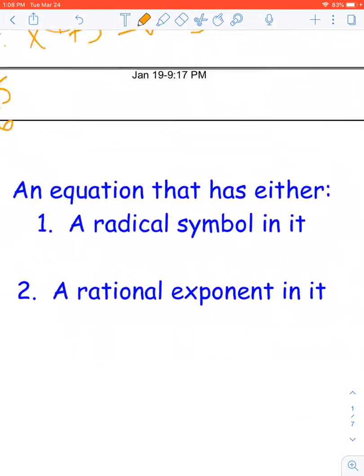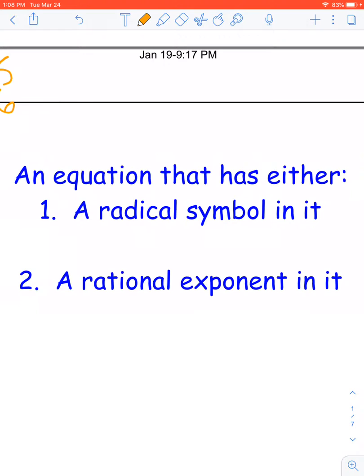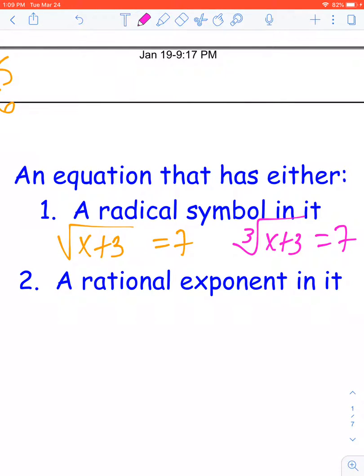So a radical equation is an equation that has a radical symbol in it. So if I give you the square root of x plus 3 equals 7, this is now a radical equation. Or if I give you the cube root of x plus 3 equals 7, this is a radical equation.